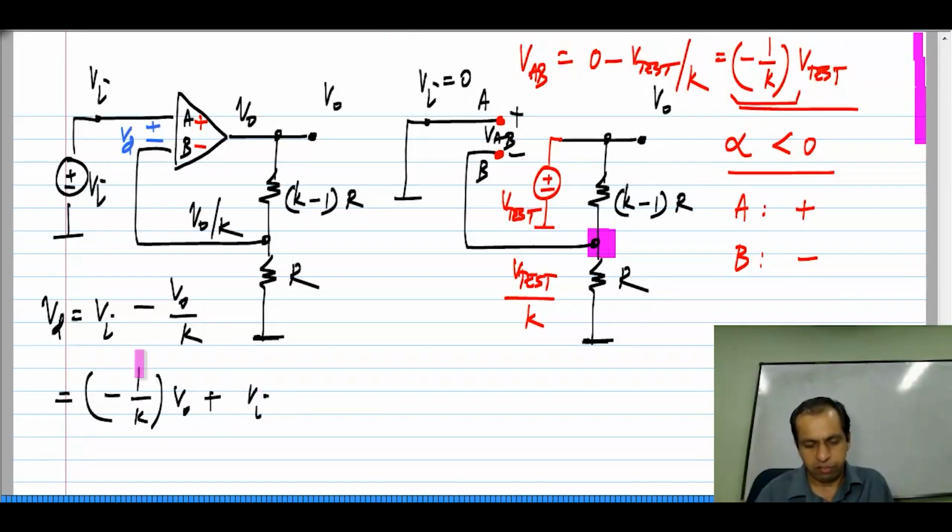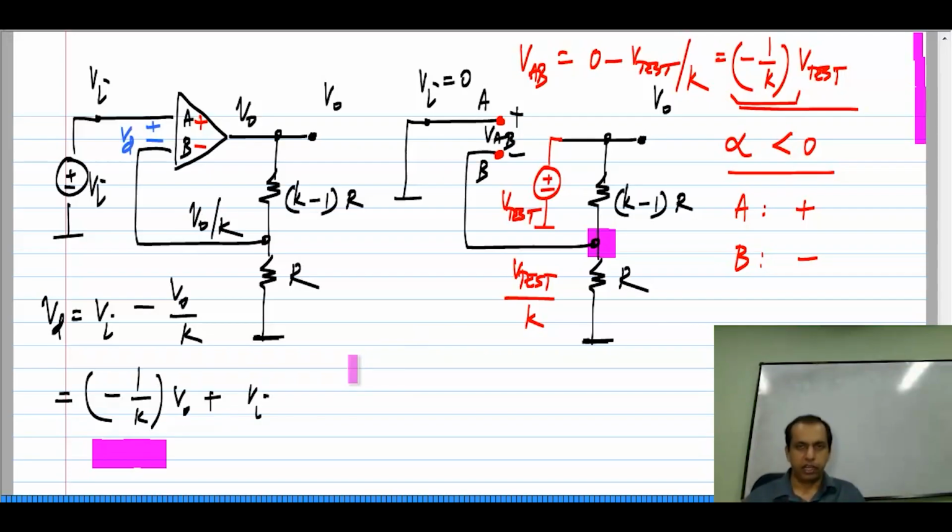Now, the part of Vi that comes to Vd is not relevant for analyzing whether the op-amp is in negative feedback. This part is, you can see that the difference input of the op-amp receives a negative multiple of its own output. So, this means that the op-amp is in negative feedback. So, this shows that our algorithm works properly.